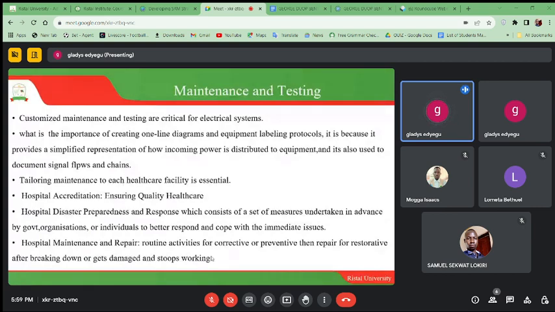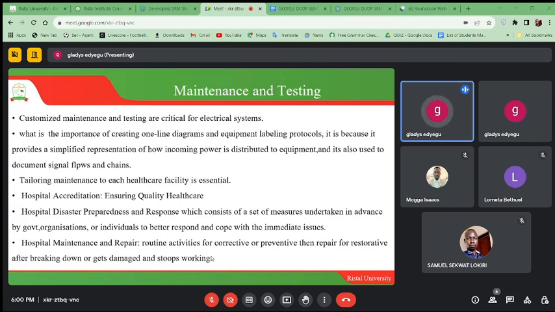And when the hospital is accredited, we are assured that we are able to provide quality healthcare services because everything has been done in a quality way. Hospital accreditation is very good because it can help in the maintenance of some of these equipment, like the installation of power and other equipment when done in the right way.